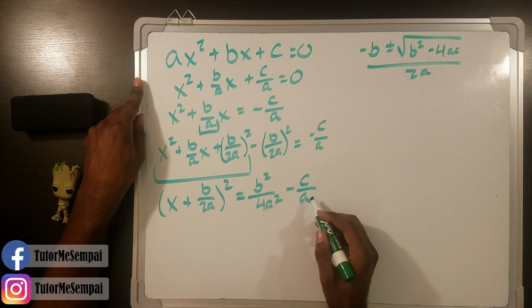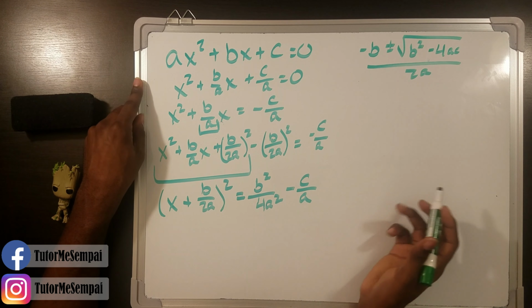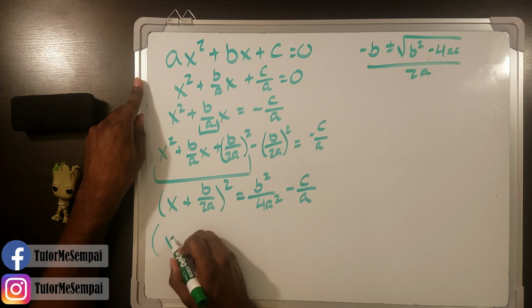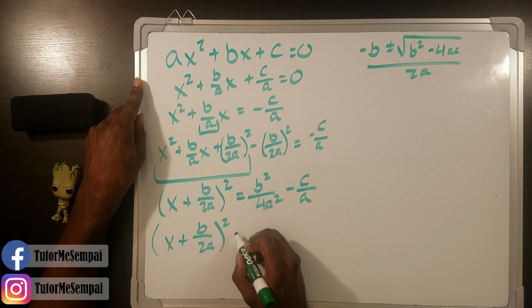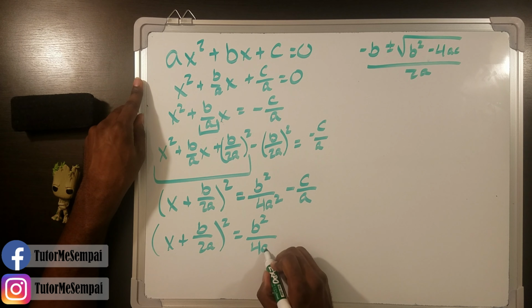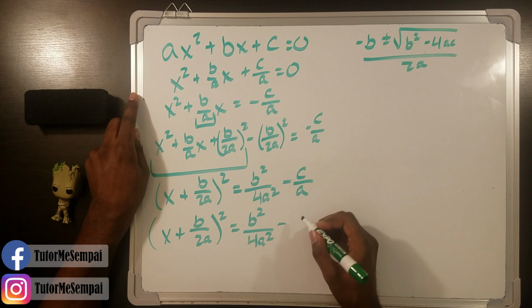Now let's combine this. This is an unlike fraction, so we're going to have to get the same basis before we can combine these. We're just going to bring this down as is. And we're going to have to multiply top and bottom by 4a.